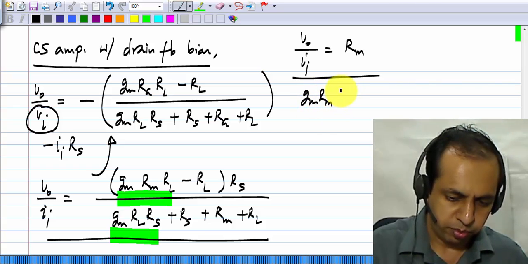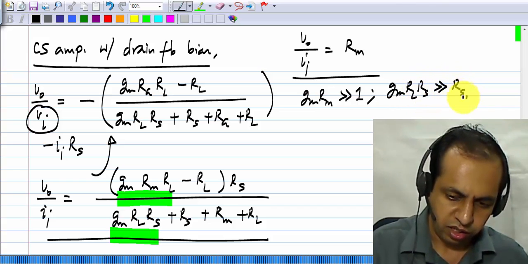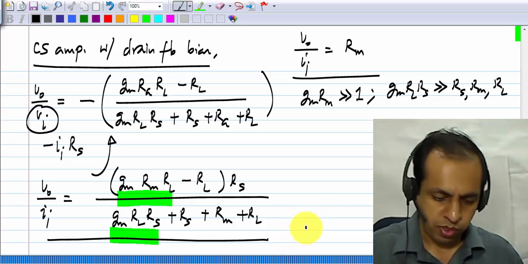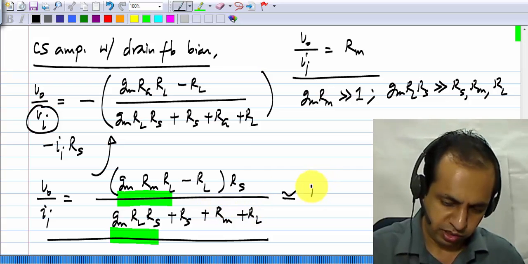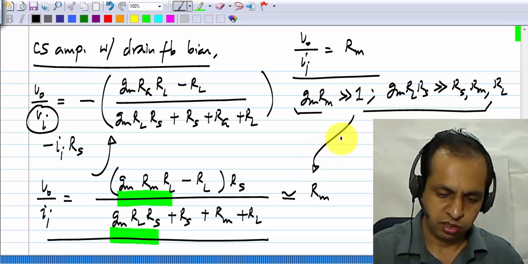If GM RM is much more than 1 and GM RL RS is much more than RS, RM and RL, in this case clearly you can see that this approximately equals RM, under these conditions.